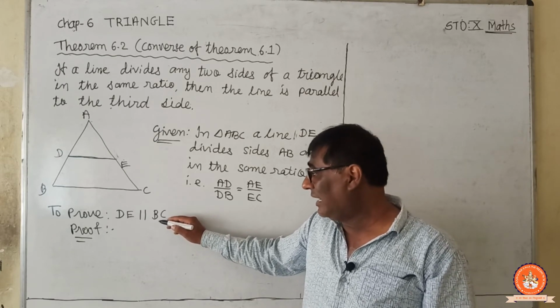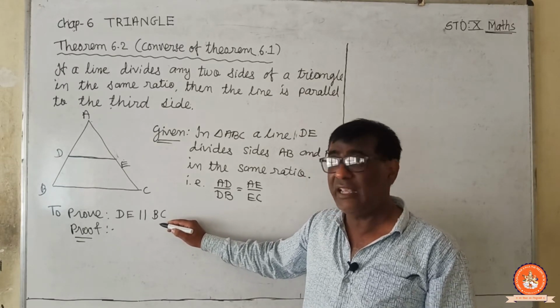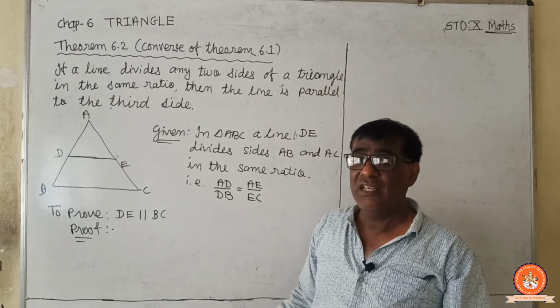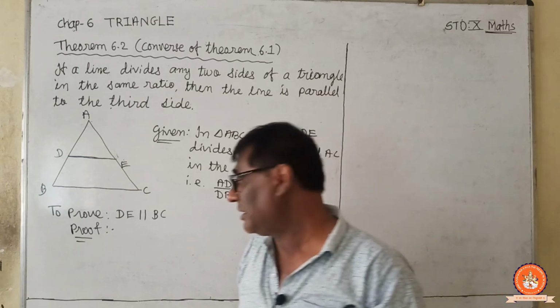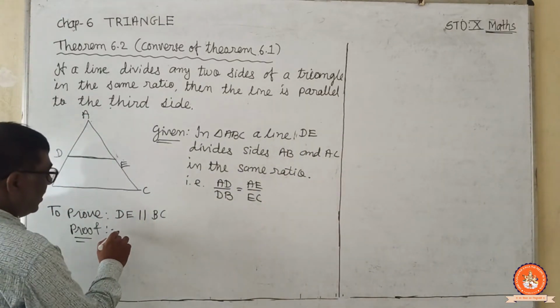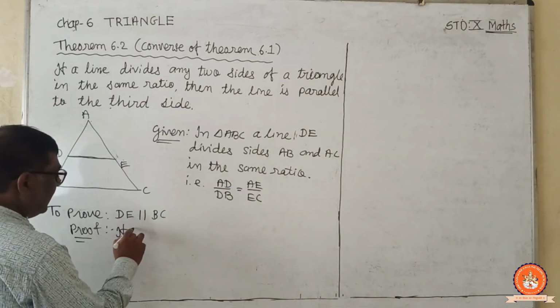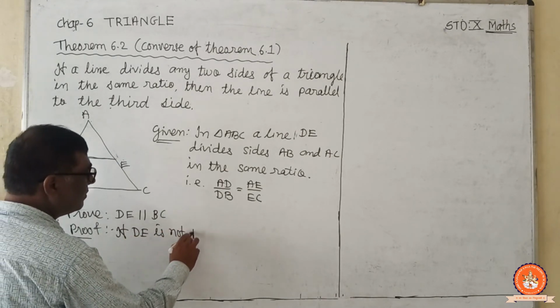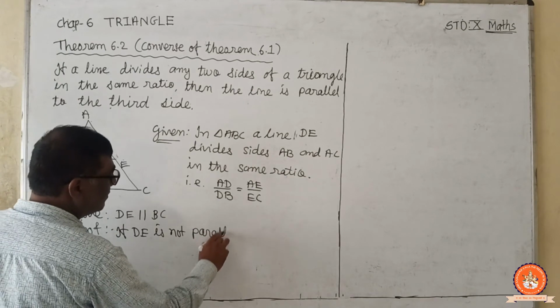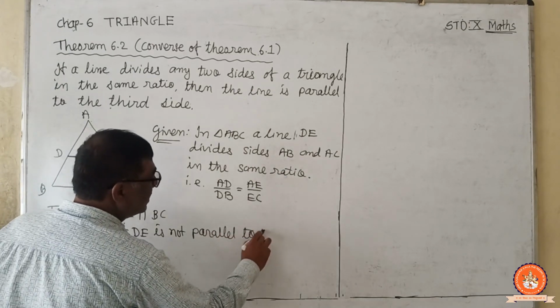That means we want to prove that DE is parallel to BC, so we have to assume that DE is not parallel to BC.